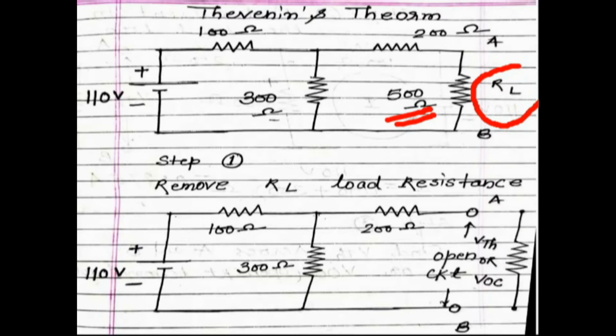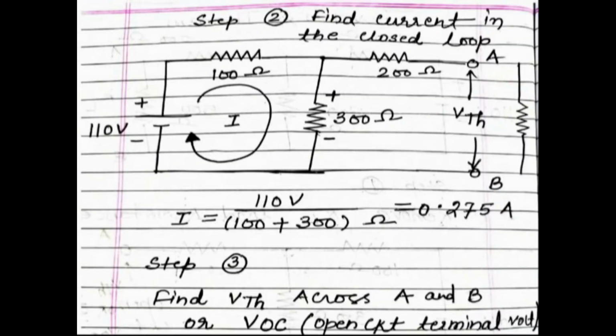Now these terminals will get open circuited, and the voltage across these terminals is to be calculated, and that voltage is called VOC or VTH. इसी को आप ओपन सर्किट वोल्टेज कहेंगे और इसी को आप VTH भी कहेंगे. So both are the same.